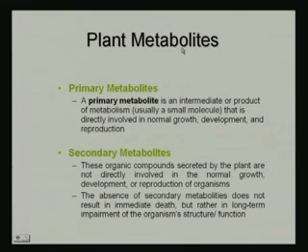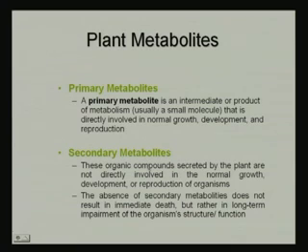Say for example, when we talk about plant metabolites, yesterday I already told you about primary metabolites and secondary metabolites. A primary metabolite is an intermediate or product of metabolism, usually a small molecule, that is directly involved in the normal growth, development and reproduction of a particular living cell.